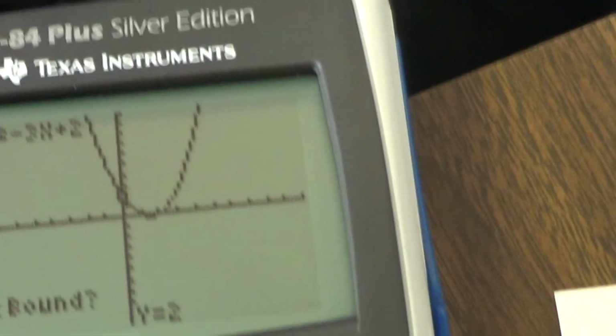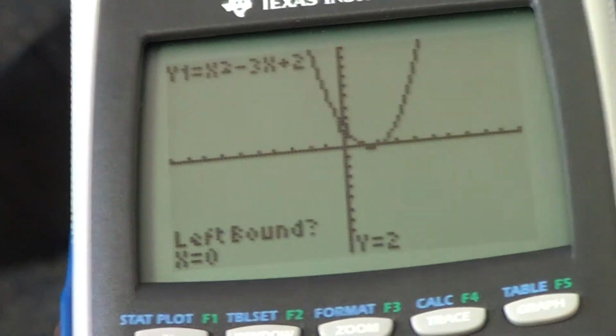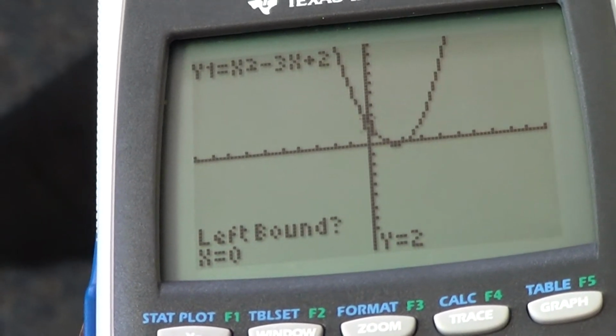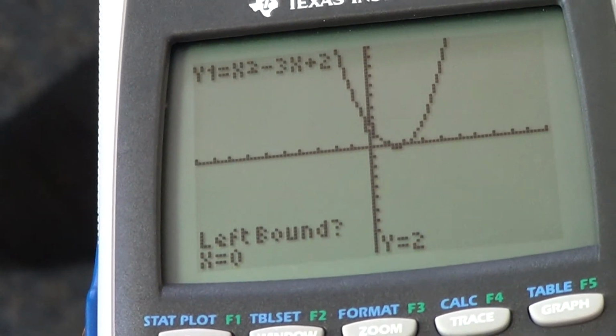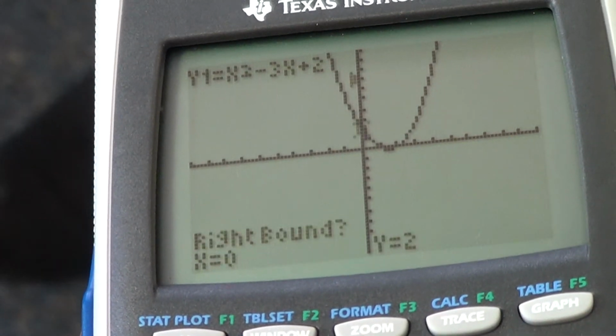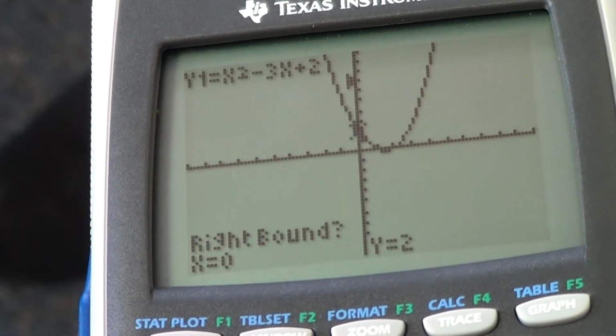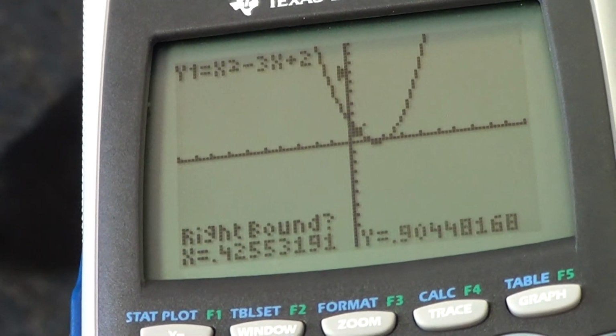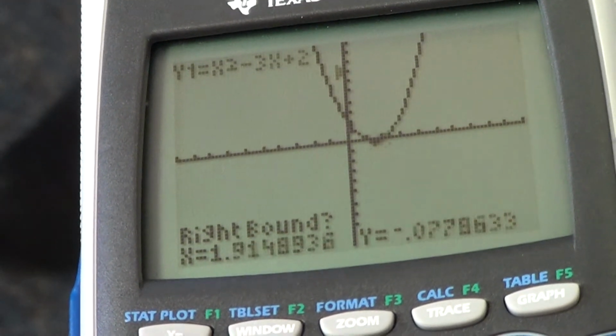It will say left bound question mark, and there's a little flashing cursor. If it's on the left hand side of the curve, which I think it is on both of yours, you just hit enter. Then it will say right bound, and you need to use the arrows to move it over to the right hand side of the curve and hit enter.